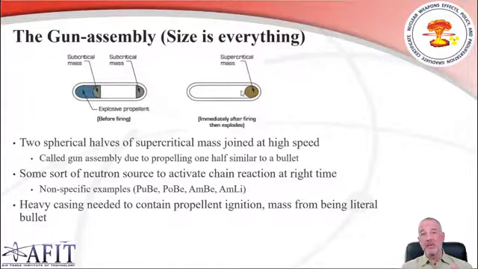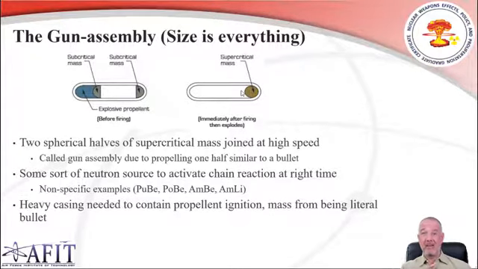Now, another consideration with this style of assembly weapon is that you have to have something beefy, right? That's going to not only hold both halves, but be able to withstand the force of one being slammed into the other at thousands of feet per second. It's going to have to do that without letting them squirt out at the end.